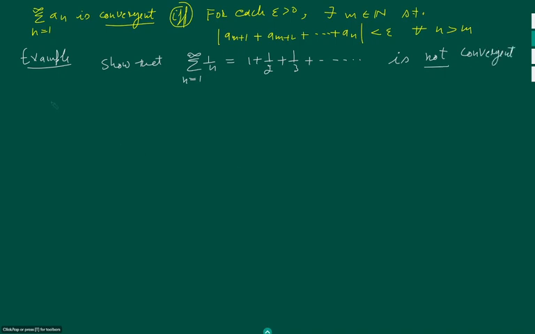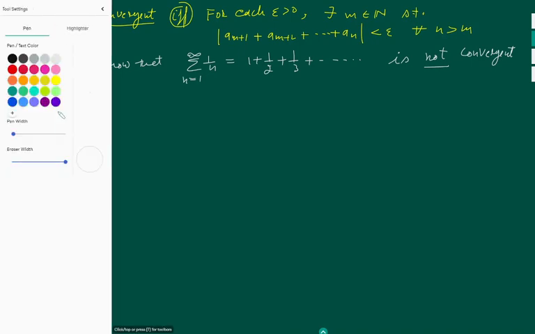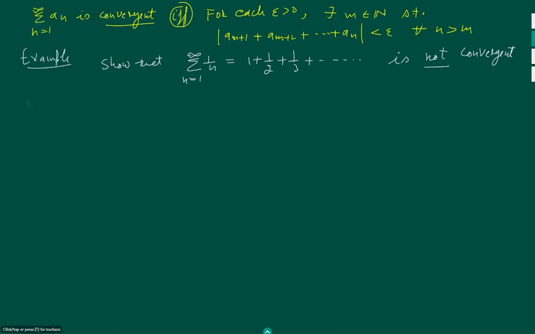So how do we solve this? Suppose this is convergent. We know that by Cauchy's principle, a series is convergent if and only if for each real number epsilon positive there exists a natural number m such that this is less than epsilon for all n greater than m.